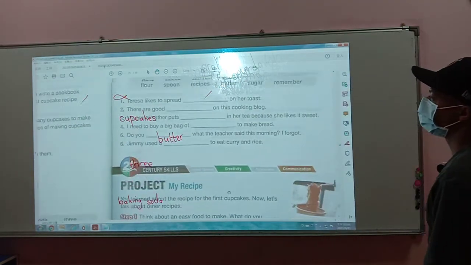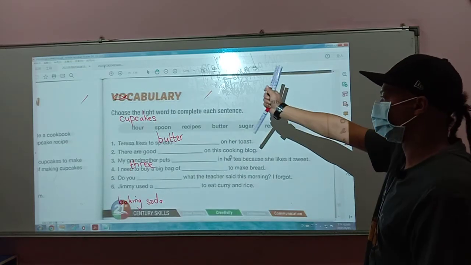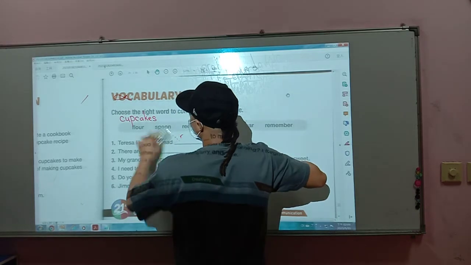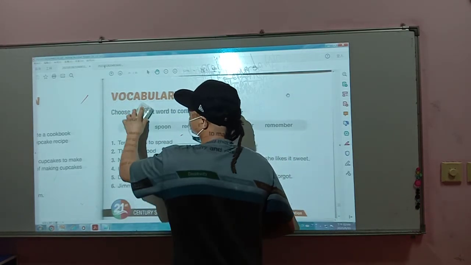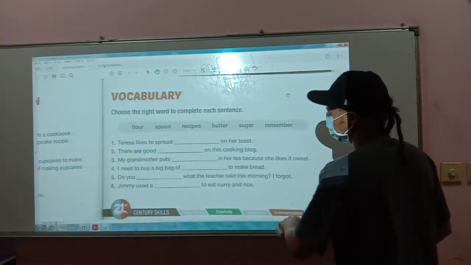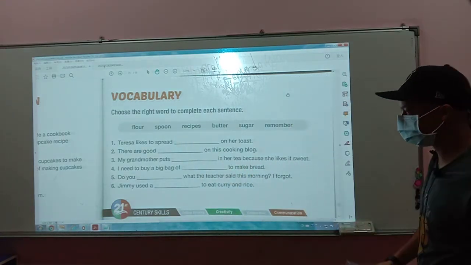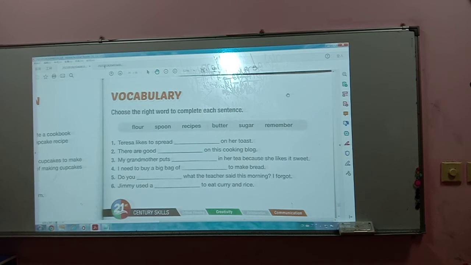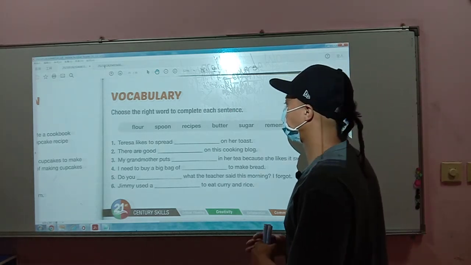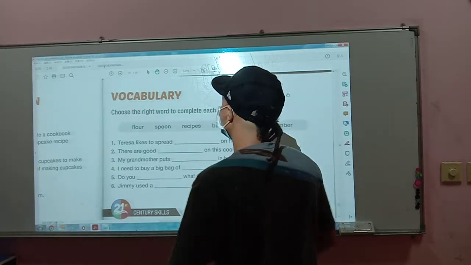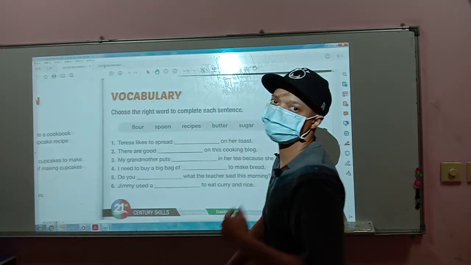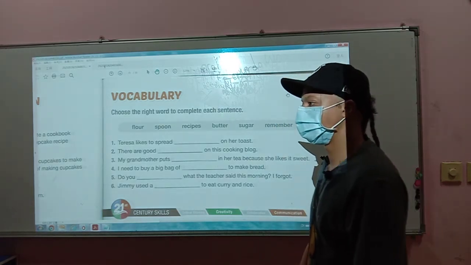Then, the last part is just to use these vocabulary words again in different sentences. You need to read the sentence and then use the words. So 6 sentences, 6 words. You need to use each word.